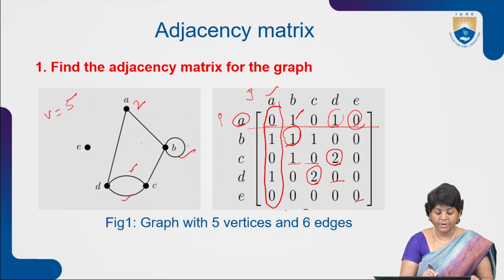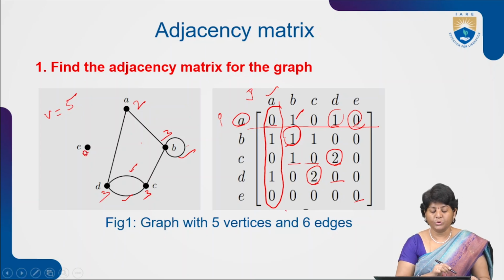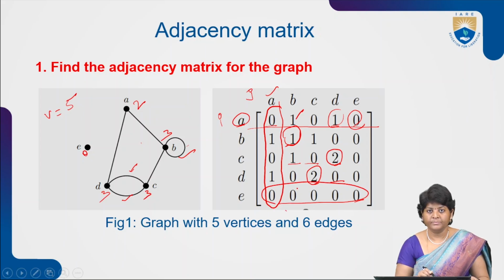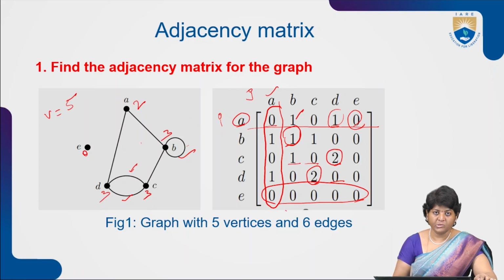So the degree of this is 3. And here the degree will be 3. Here the degree is 3. And here there are no vertices connected with E. The degree is 0. See here, all are zeros. So the degree is 0. So in this way, we can find the degree of the vertex also.